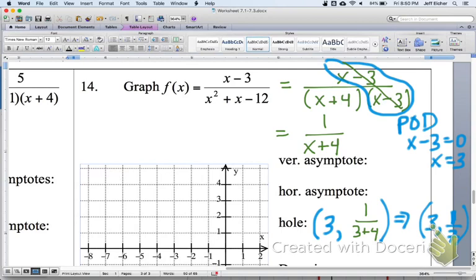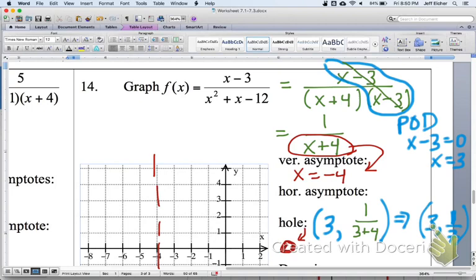So we can graph that point. We'll graph that in a second. This factor that did not divide out with anything tells us the location of a vertical asymptote at x equals -4. So we have a vertical asymptote here. We have a point of discontinuity at 3 comma 1/7, which is a little off the graph. It would be, I guess, over here somewhere off the graph.